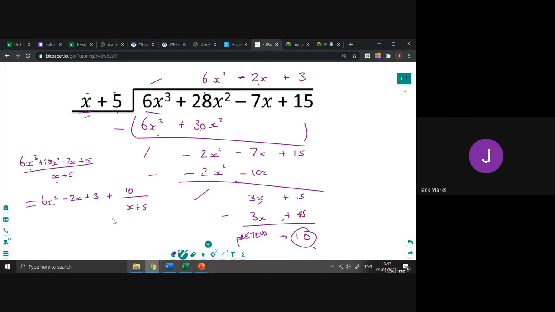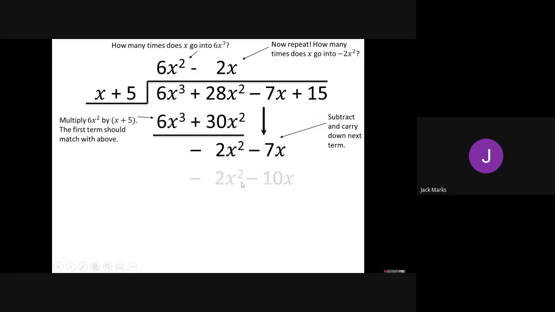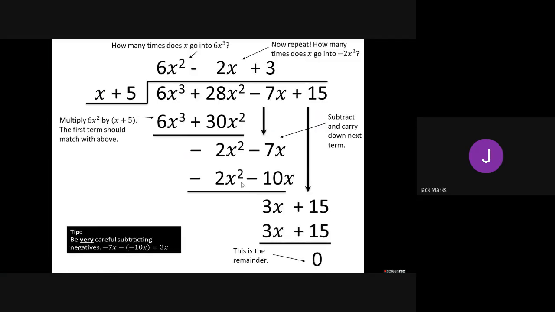If you had a remainder, well, the meaning of a remainder is that you have a number, which is 10, and that still needs to be divided. So you would just have this extra bit here at the end. Okay, that's what it would look like.